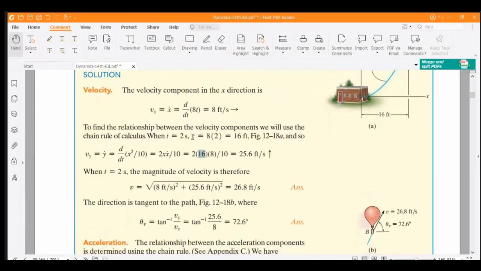One question may be: why is x equal to 16? Sir, because t is equal to 2, sir. Yes, t equals 2. So we cannot say t equals 1, because we need to find it at t equals 2 seconds. The problem is you need to do this to find the x coordinate of the velocity in the x direction.